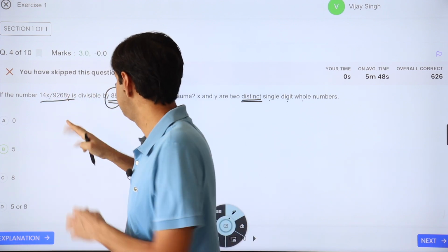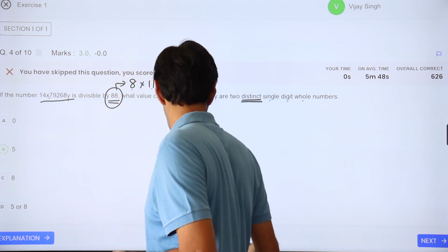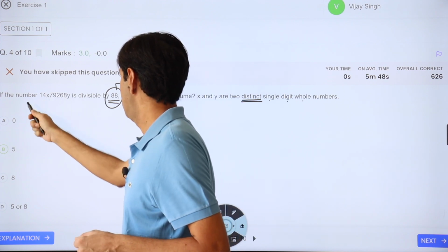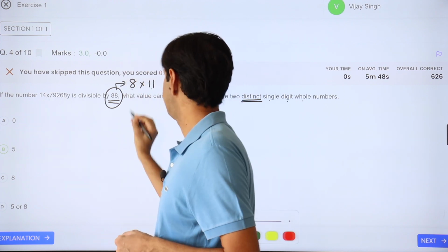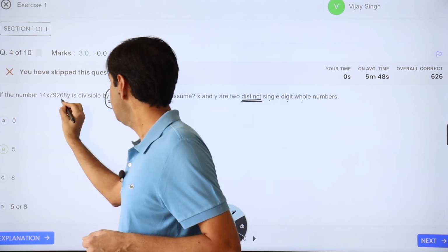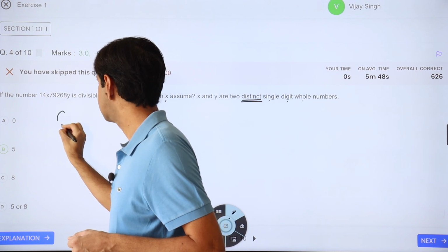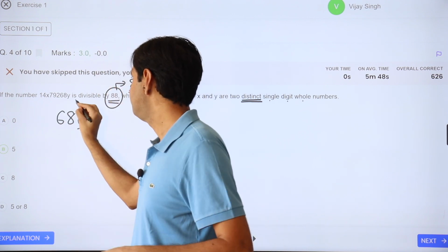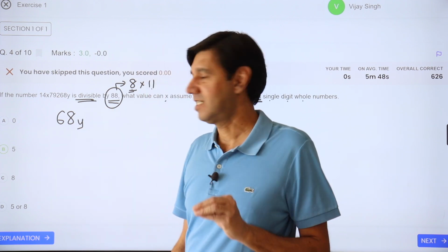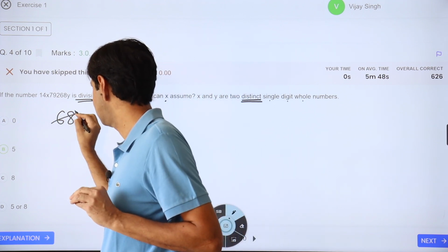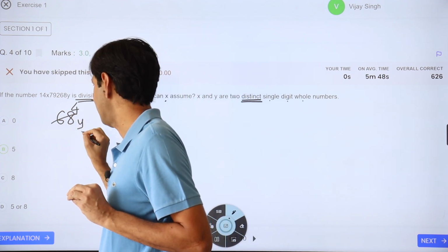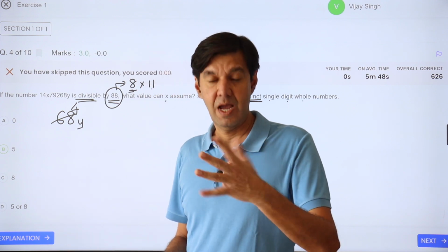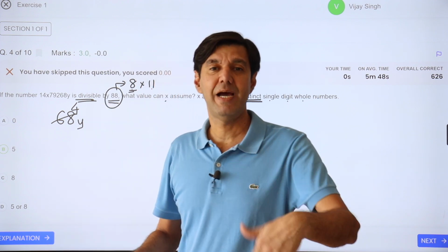But when you use the divisibility rule of 8, you are only focusing on the last three digits: 6, 8, y. 8 into 8 is 64, so 4y, 40, y is divisible by 8.